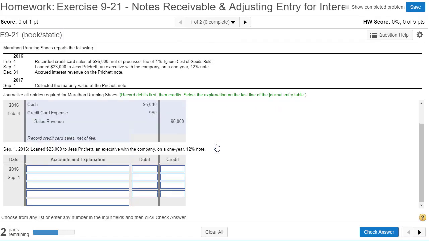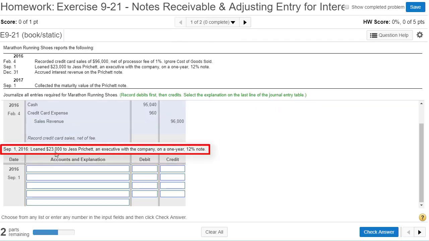Now we're going to get into the notes receivable stuff. September 1. Loaned $23,000 to Jess Pritchett, an executive with the company, on a 1-year 12% note. So because it says note and we're doing the lending, this is going to be a notes receivable for us.